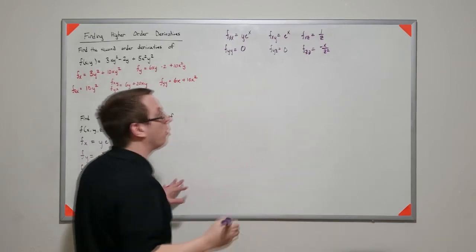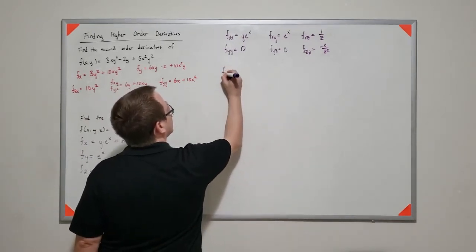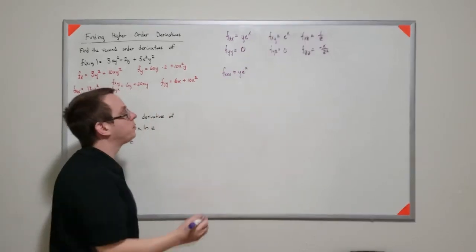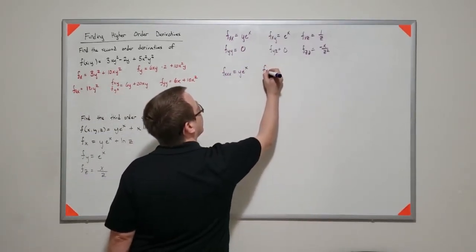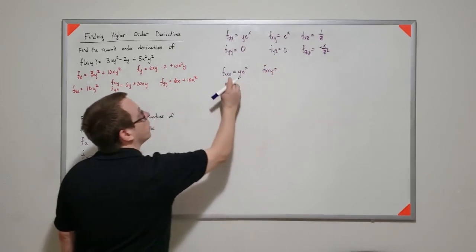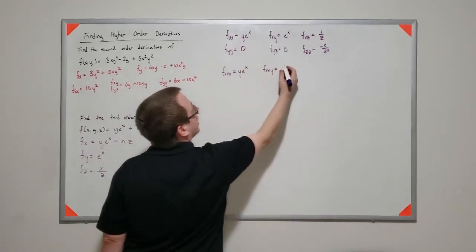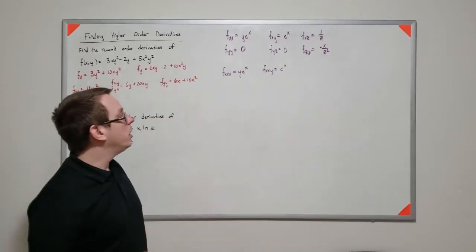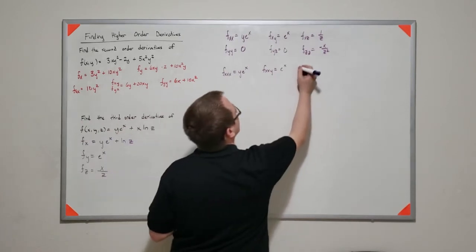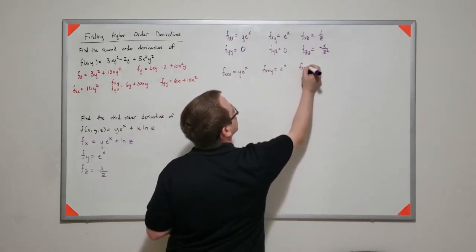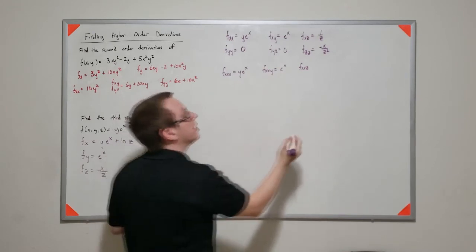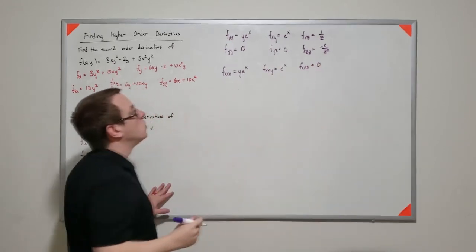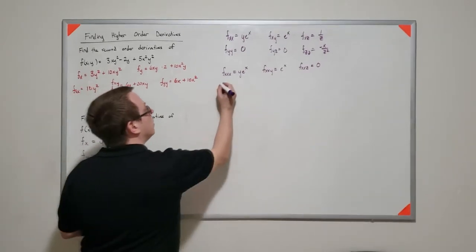Now let's look at the third partials. y e to the x. Okay, take this with respect to y, I get e to the x. So then I would get fxxz. Well, there's no z's here, so that's 0. So then let's do it with y's.